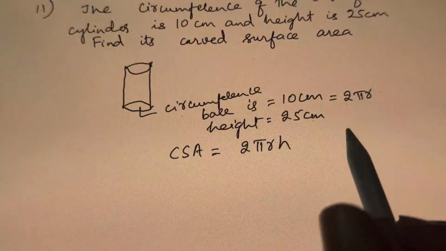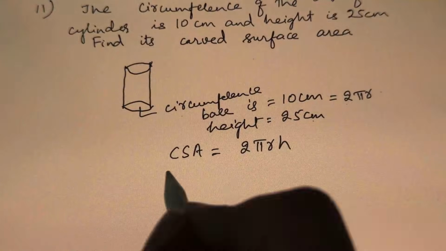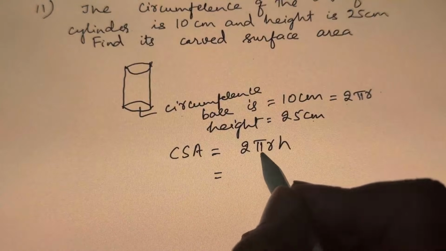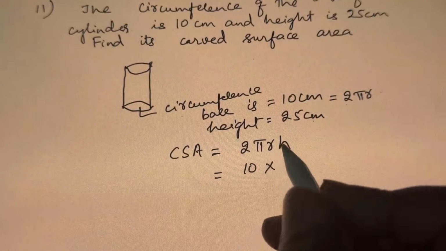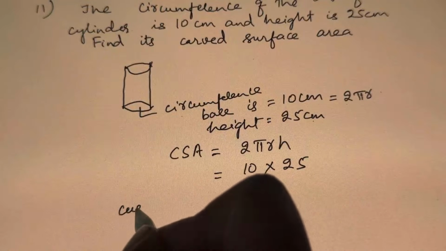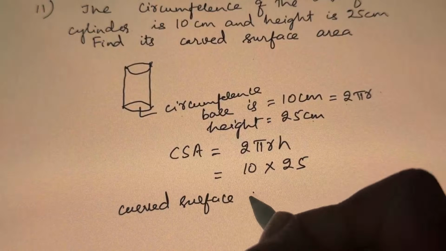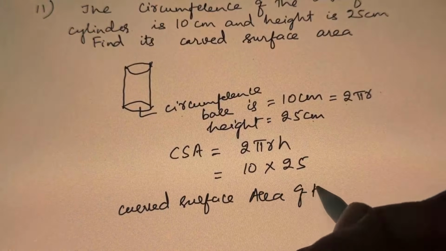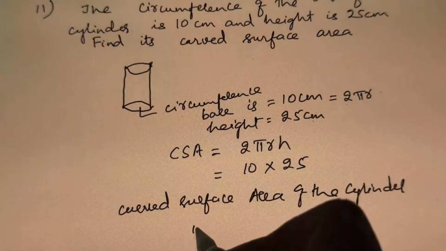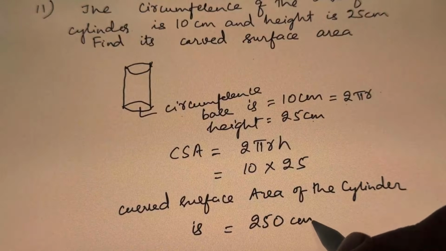Circumference is nothing but 2 pi r. So curved surface area is equal to 2 pi RH. So in place of 2 pi r you have to substitute 10, and the height of the cylinder is 25. So curved surface area of the cylinder is 250 centimeters square.